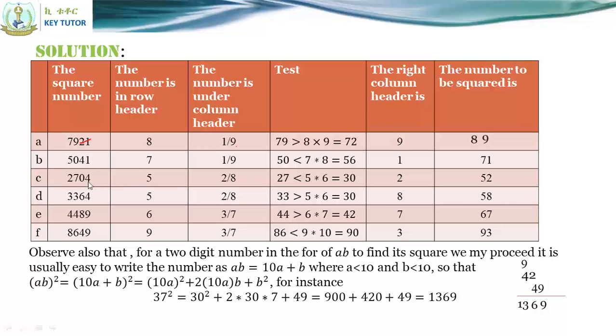The row this number exists in: by deleting 04, you get 27, and 27 is between 25 and 36, two consecutive perfect squares. So 27 is in the row of 5, 2,704 is in the row of 5, then either in the column of 2 or in the column of 8.